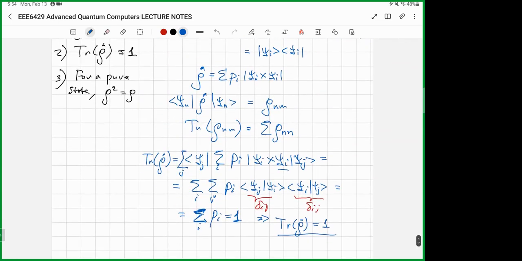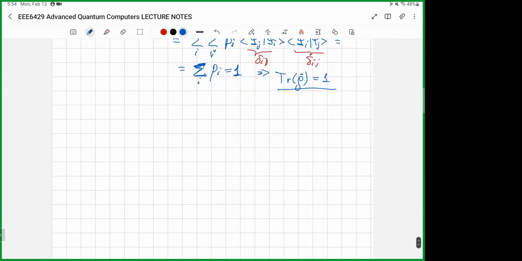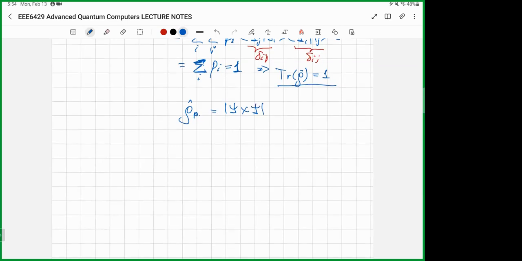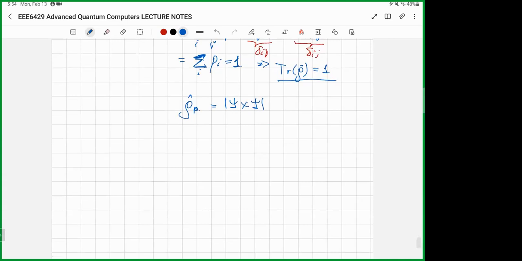In the pure state, I have only one possible psi vector. So my rho in the pure state is equal to |psi><psi|. All the probabilities are equal to 0, but just one: 100% probability of finding the system in the particular pure state.